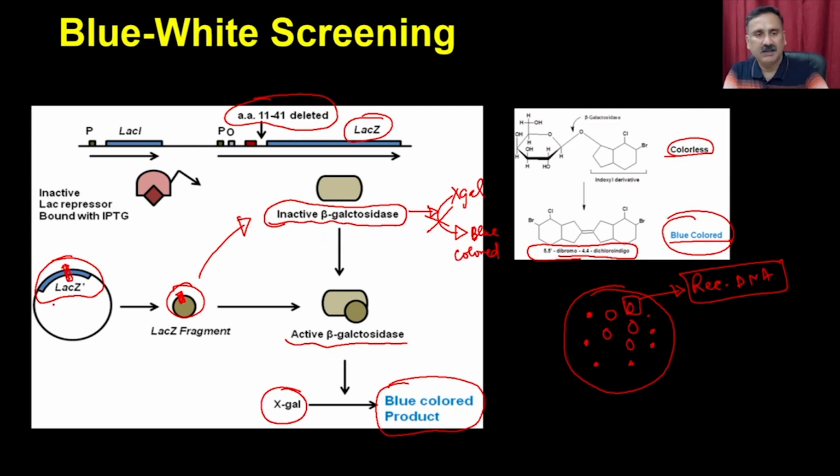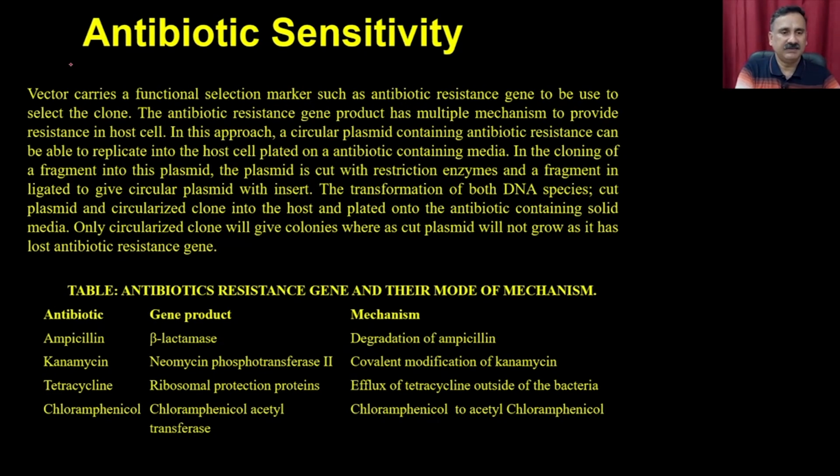Then the second criterion is antibiotic sensitivity. Antibiotics are the drugs which are responsible for inactivation or killing of the bacteria, and it happens because the antibiotics disrupt some of the functioning of the cellular properties.